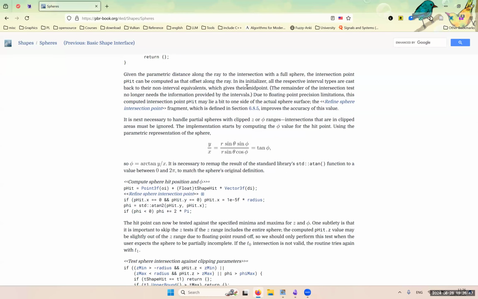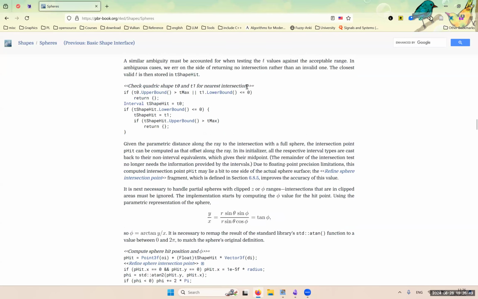The second if statement actually seems redundant. Oh, never mind. Oh, right, there's T0 upper bound and T1 lower bound. Okay, I see. Right. Okay. I find it a bit weird though.